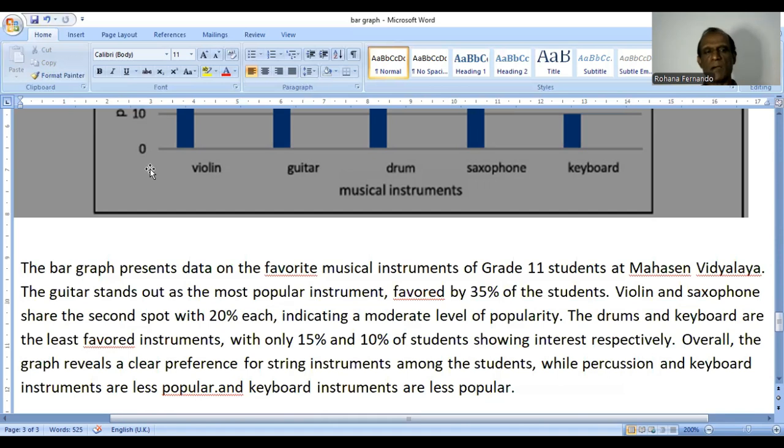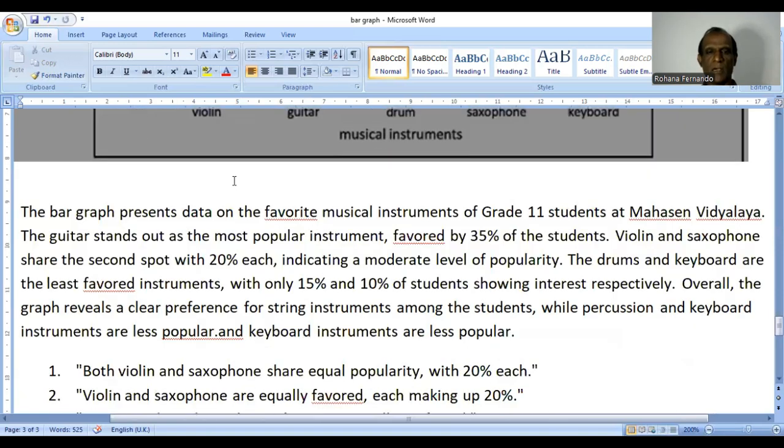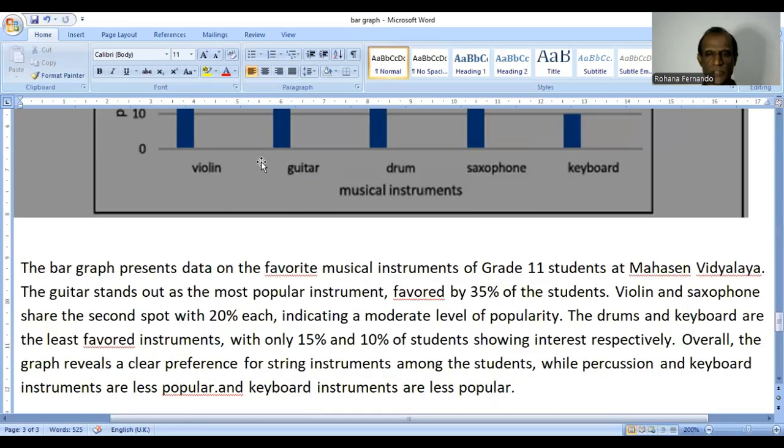The bar graph presents data on the favorite musical instruments of grade 11 students at Mahasen Vidyalaya. The guitar stands out as the most popular instrument, favored by 35% of the students. So here we have used the comma again.